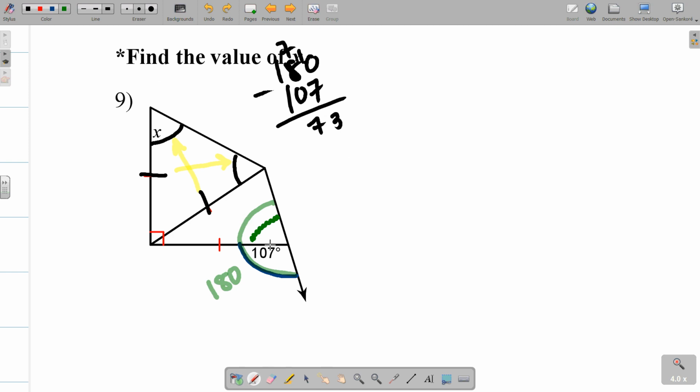We get 73. Now look right here. We have hatch marks here and here. So you follow that into the corners, follow it down, and you see that that 73 is going to be the same as right there.